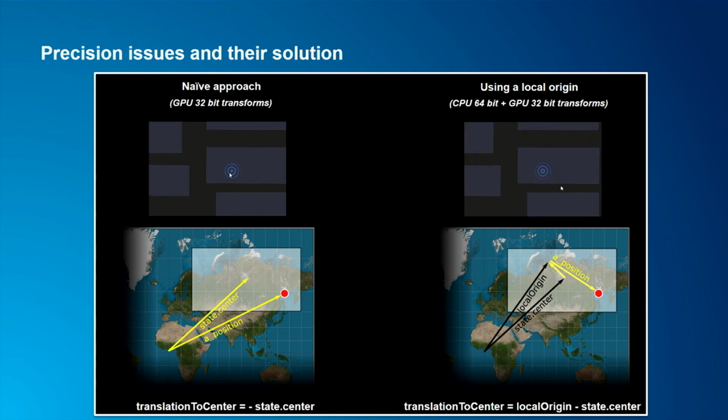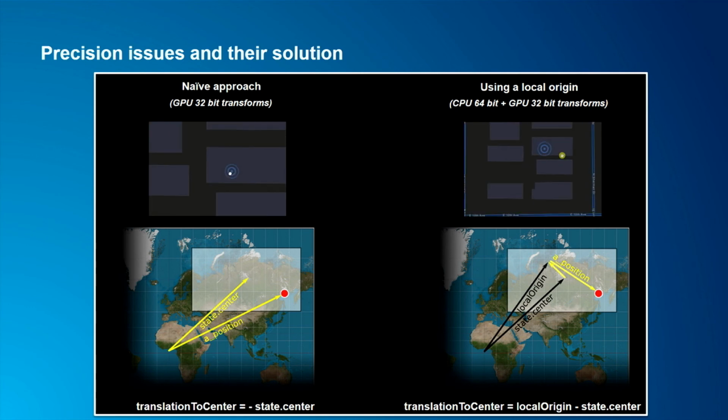In the SDK sample, we decided to take care of this issue by using a local origin. So we define a point called local origin, which is much closer to the 2D camera than the origin of the reference system. All the attributes and the uniforms that we pass to the vertex shader are relative to this point.